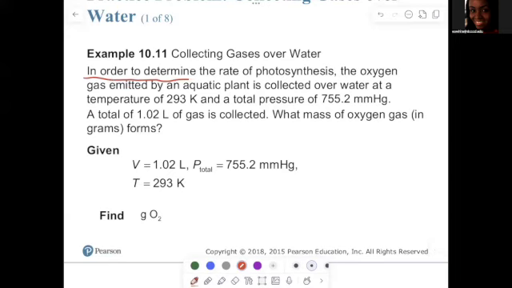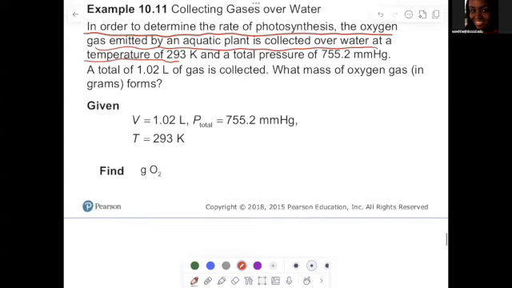In order to determine the rate of photosynthesis, the oxygen gas emitted by an aquatic plant is collected over water at a temperature of 293 Kelvin. So we got temperature 293 Kelvin. And the total pressure is equal to 755.2 millimeters of mercury. Okay, so we said oxygen gas emitted by an aquatic plant is collected over water.